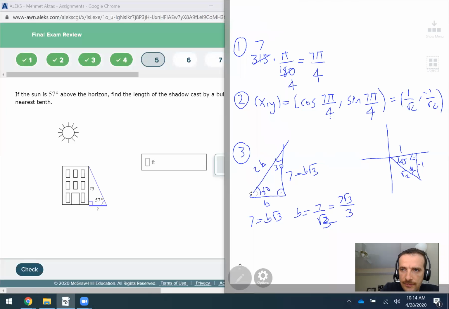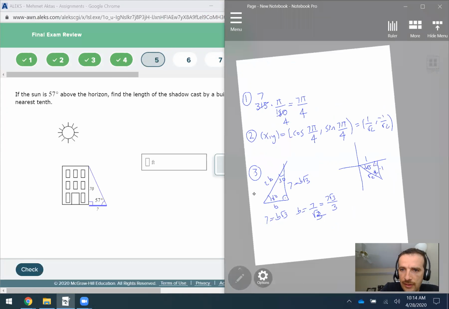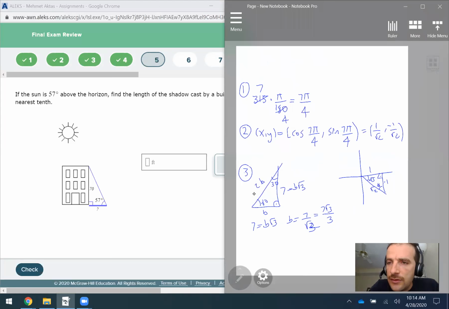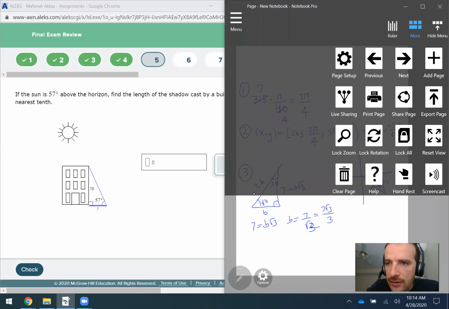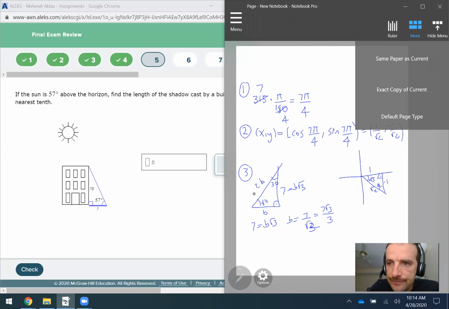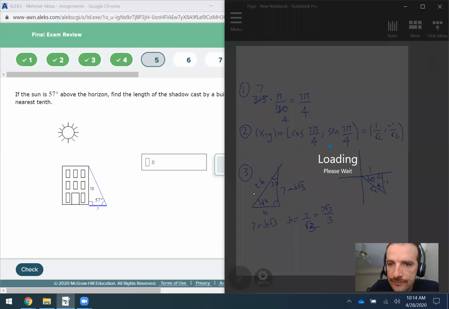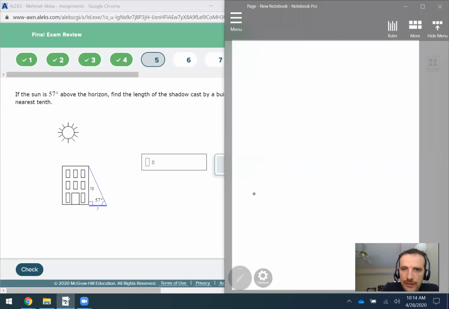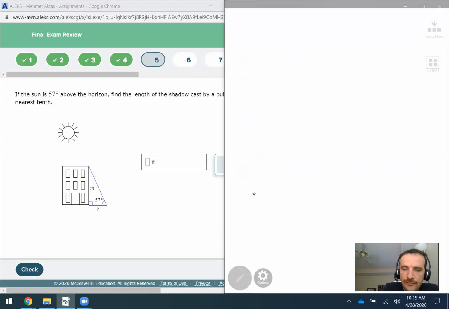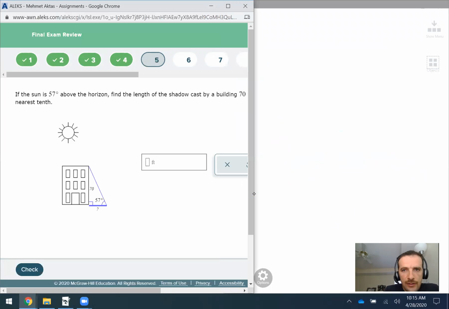Maybe I can make a new page. Okay, now I have a new page. All right, let's look at this problem.